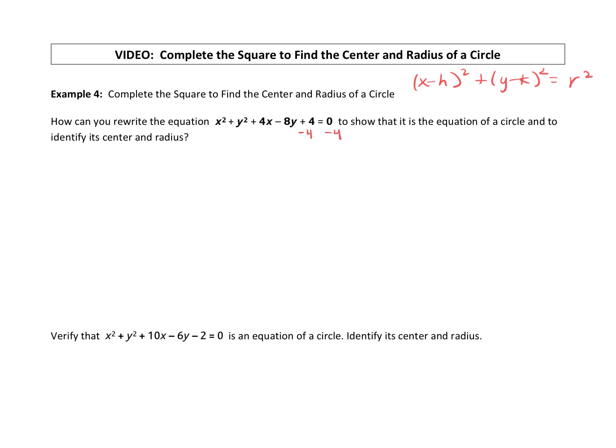So we've got an x squared, and then plus 4x. Now we've got our y's: a positive y squared, and then a minus 8y. Equals, and that 4 went to the other side, so we've got a negative 4 on the other side.